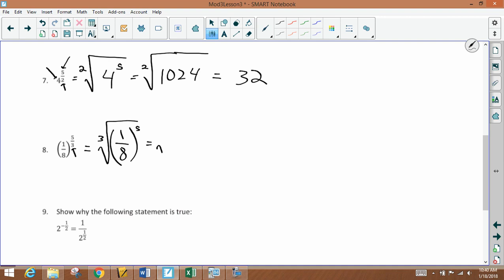So this becomes the cube root of 1 to the 5th over 8 to the 5th, right? Because we raised everything in our parentheses to that power. So this is going to become the cube root of 1 over, what is 8 to the 5th power?